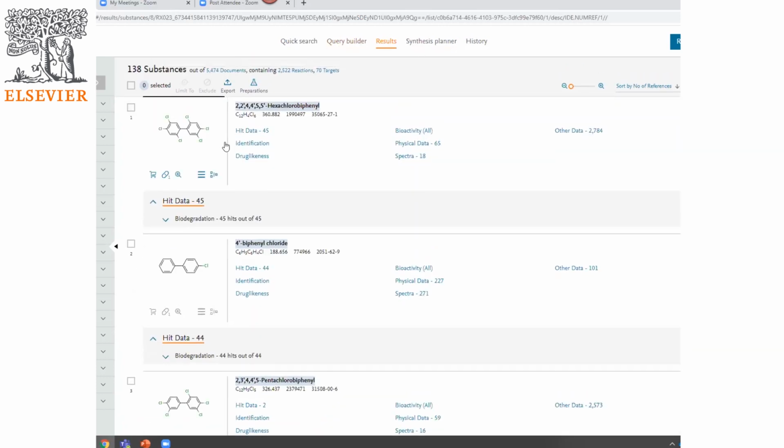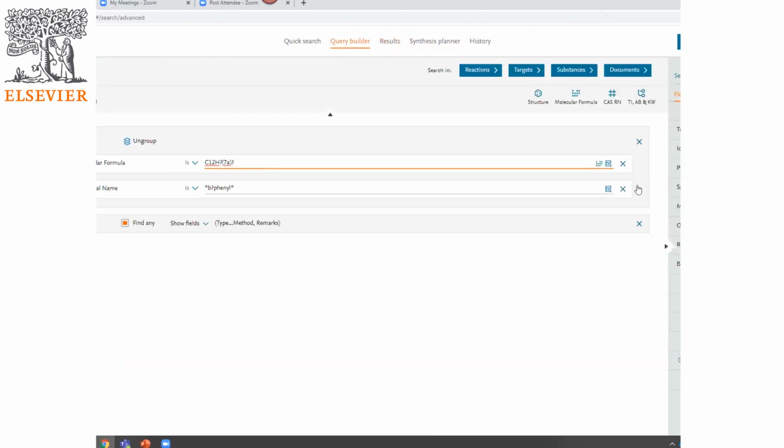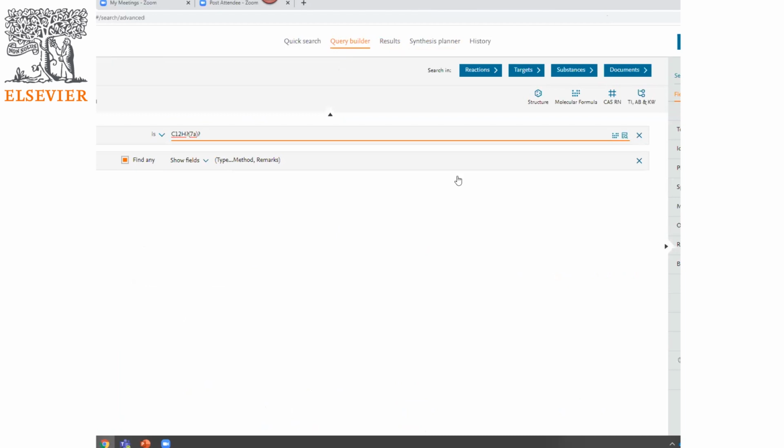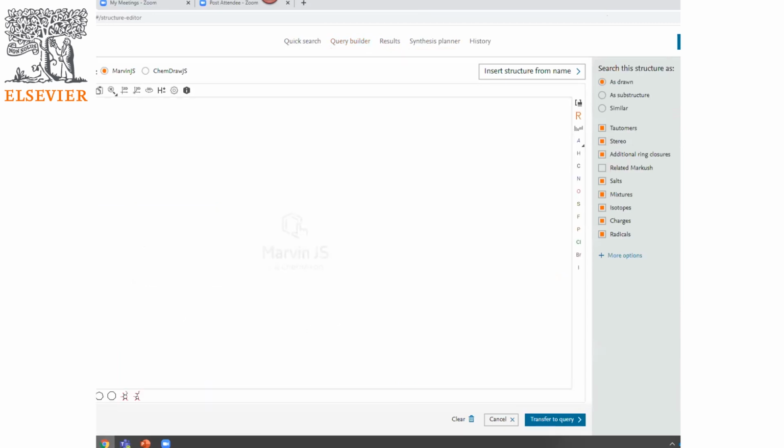If you don't like to use the chemical name, for example, because it's very complicated, you can use the structure. For this, go to the structure editor, use this molecule, and put another aromatic ring.